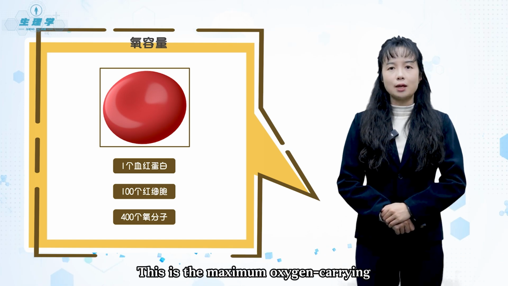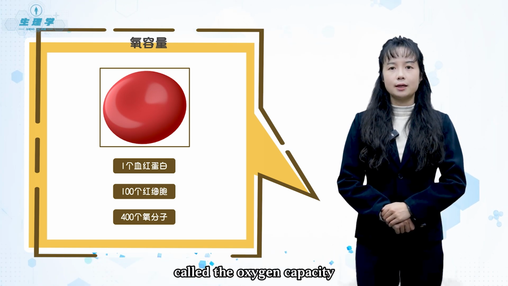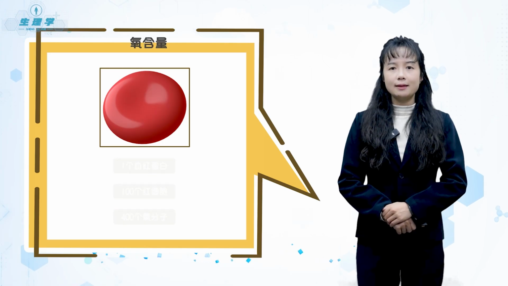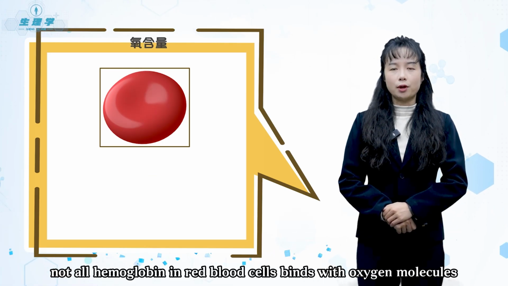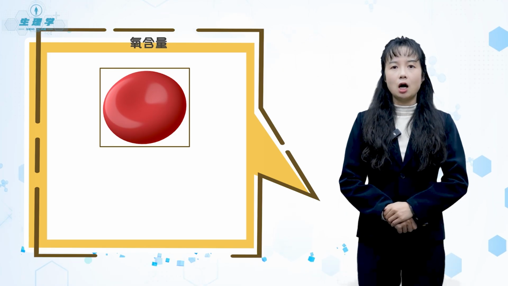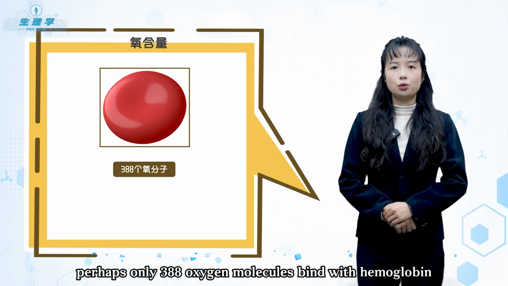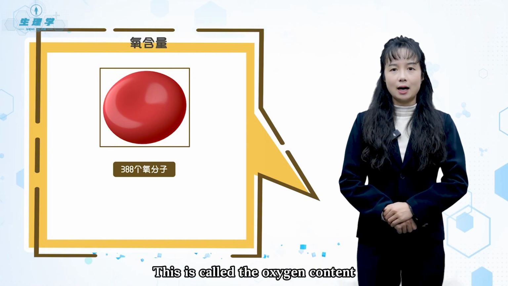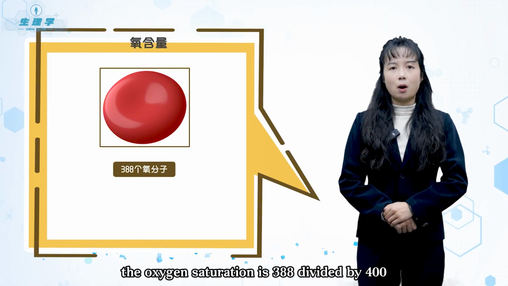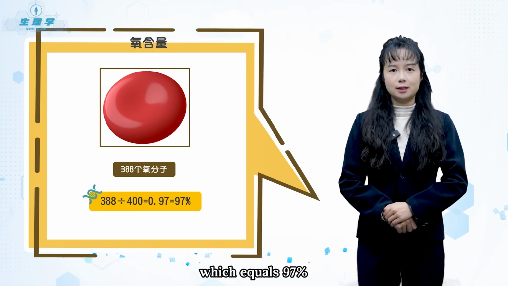This is the maximum oxygen carrying capacity of your red blood cells, called the oxygen capacity. But in reality, not all hemoglobin binds with oxygen molecules. Perhaps only 388 oxygen molecules bind with hemoglobin. This is called the oxygen content. At this point, the oxygen saturation is 388 divided by 400, which equals 97%.